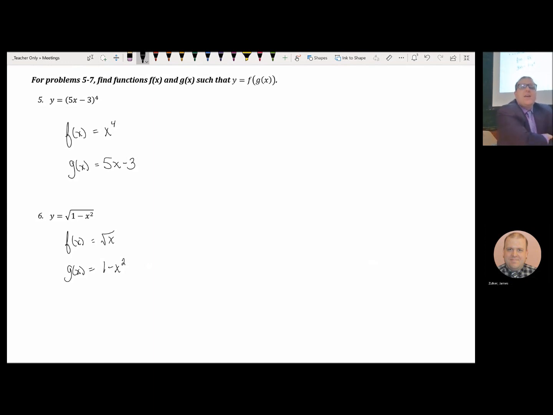I could do f of x as x squared, and g of x would be the fourth root of 1 minus x squared. That would also work. Square of a fourth root, you get the square root. But again, that's not really useful in calculus.